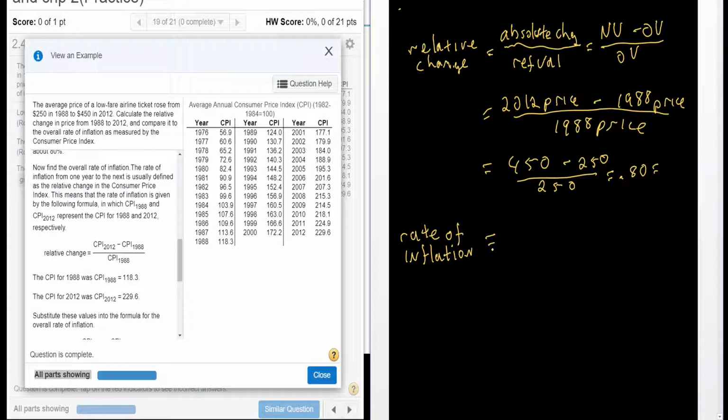So the relative change here: we have the Consumer Price Index for 2012 minus the Consumer Price Index for 1988, divided by the Consumer Price Index for 1988.